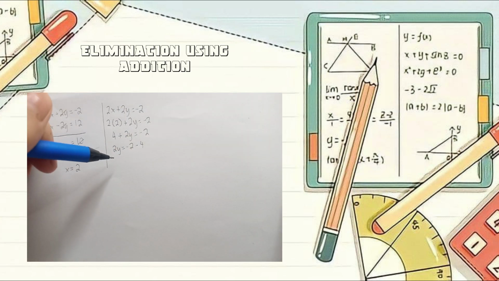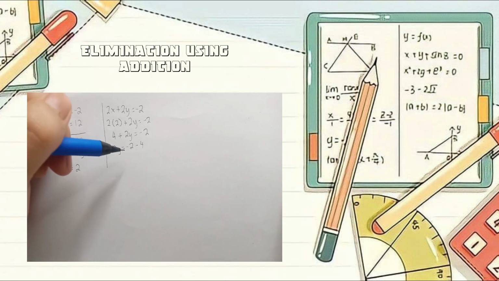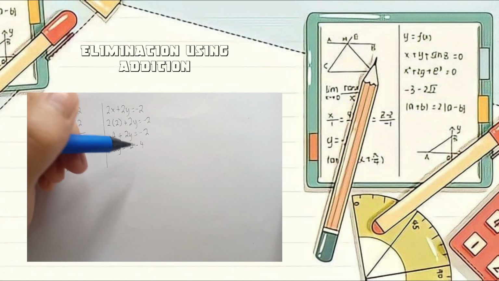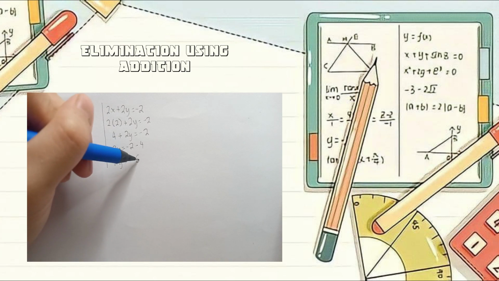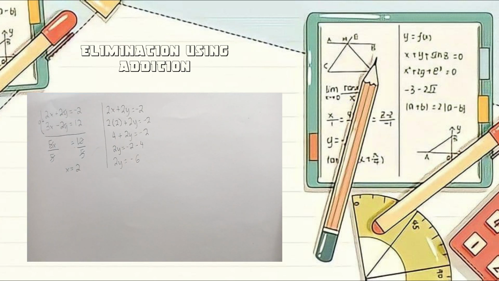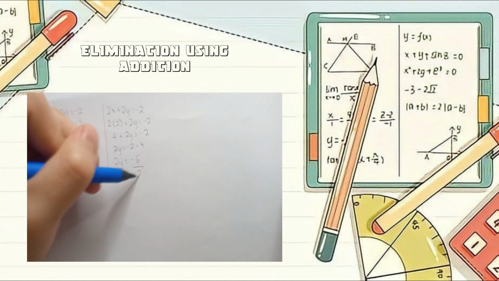And then, as we can see, negative 2 minus positive 4, we will get negative 6. And then we will divide both sides by 2.